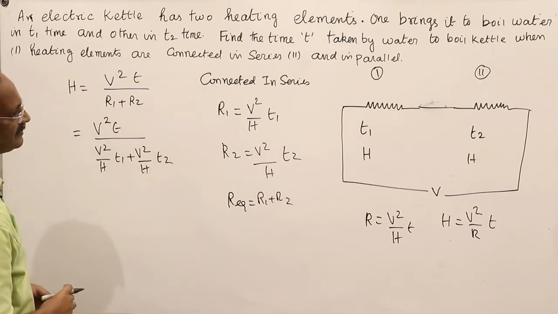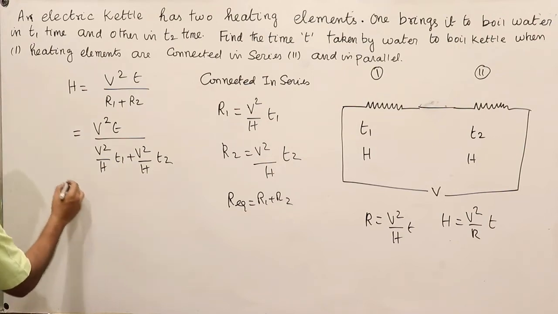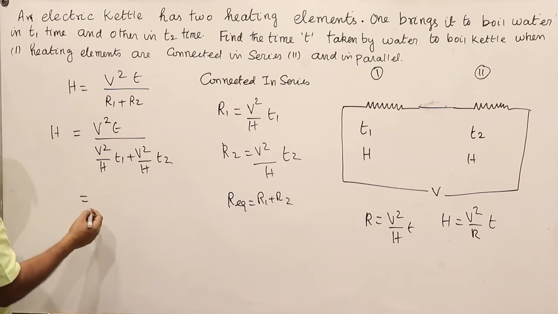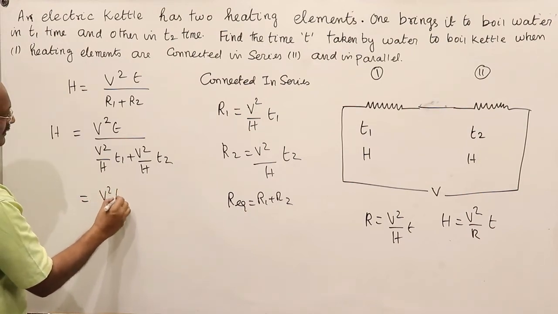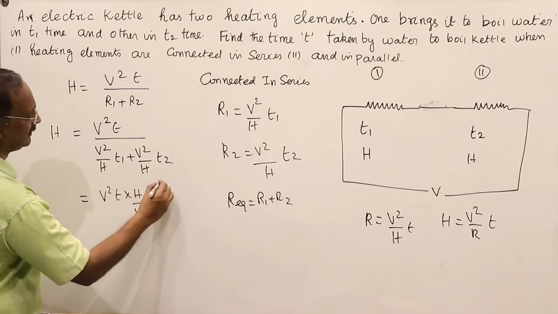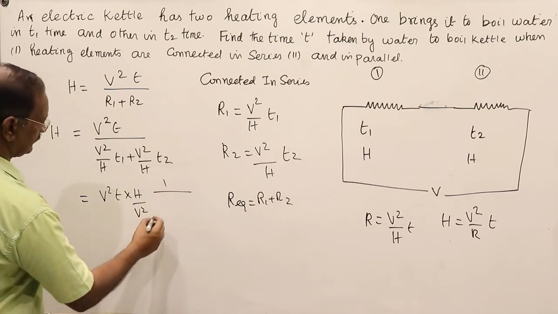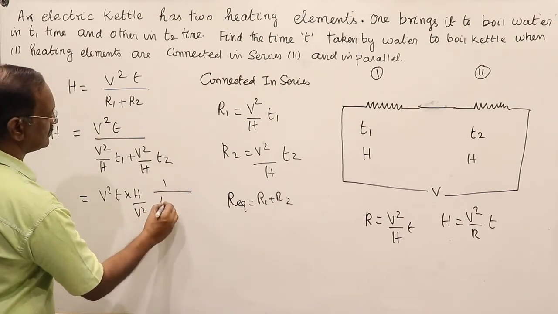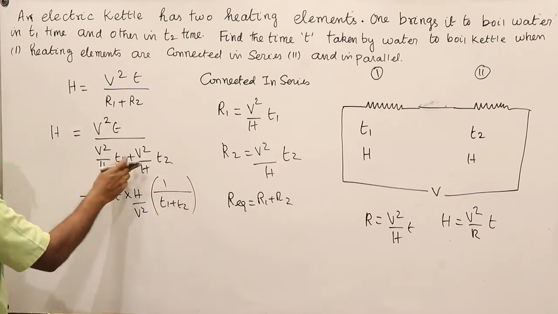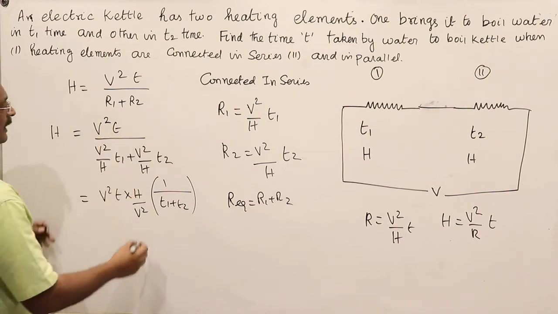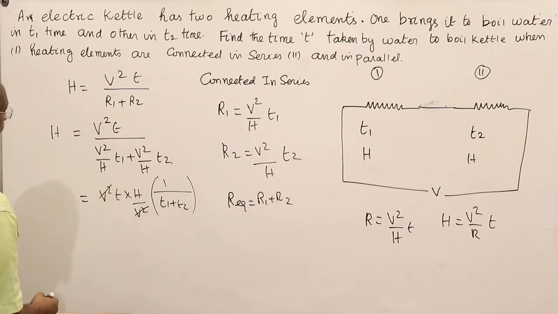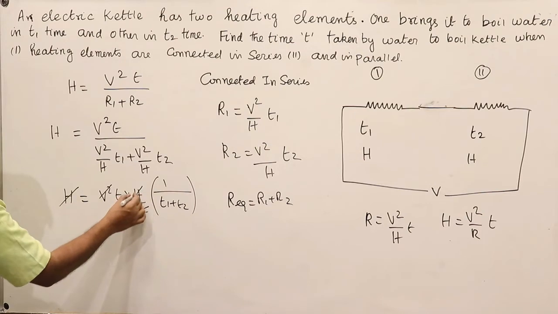The net heat produced H is equal to V square T divided by V square by H into T1 plus T2, where we take the common term out and reverse it. So H by V square into V square T, this gets cancelled, this H and this H get cancelled.